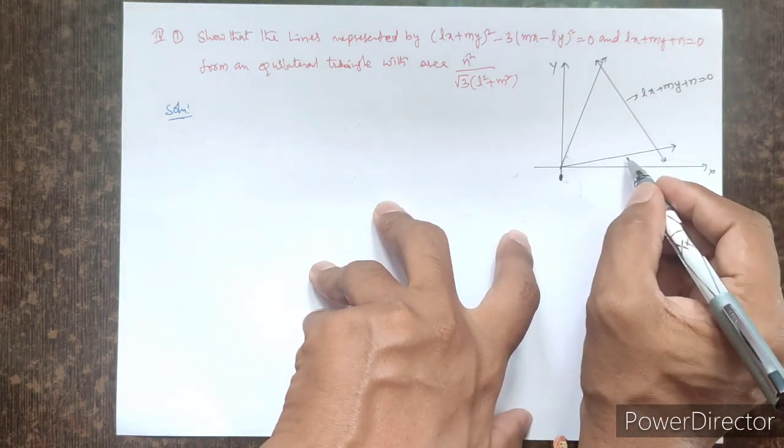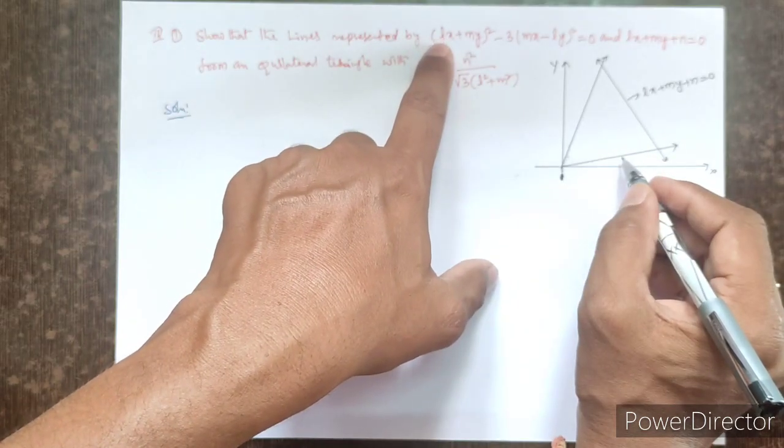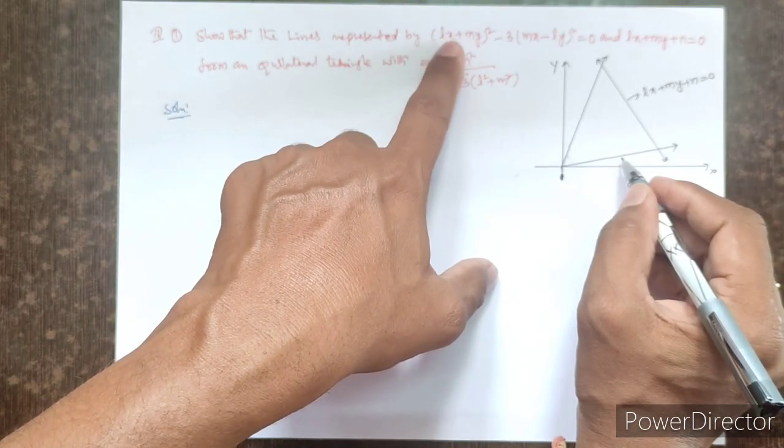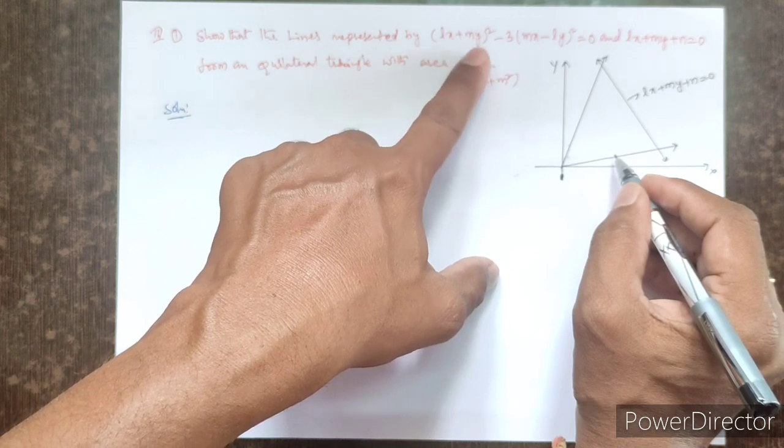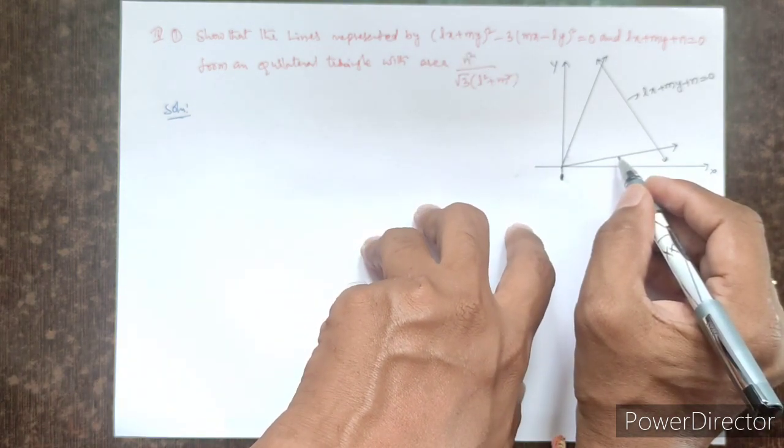Of course, this is the pair of lines represented by (Lx plus My) whole square minus 3 of (Mx minus Ly) whole square.